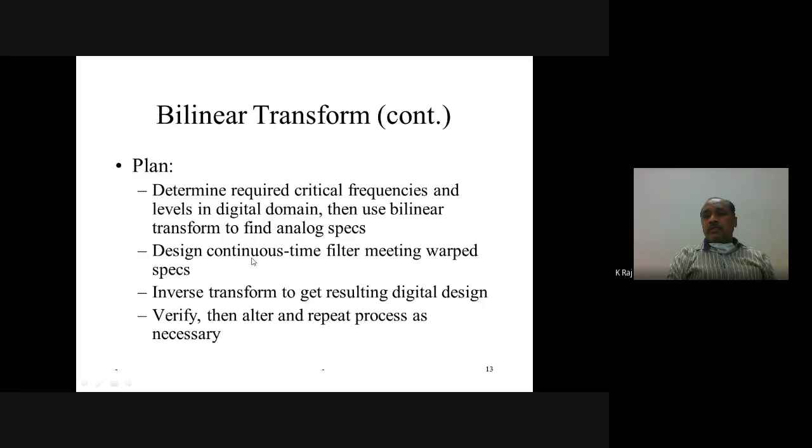Now design the continuous time filter meeting the specification that has been derived in step 1, and then inverse transform to get the resulting digital design. Then what will happen here? Now if due to the warping the non-linearity takes place in the first step, then that will be counterbalanced in the third step again here. And now verify, then alter and repeat the process as necessary here.